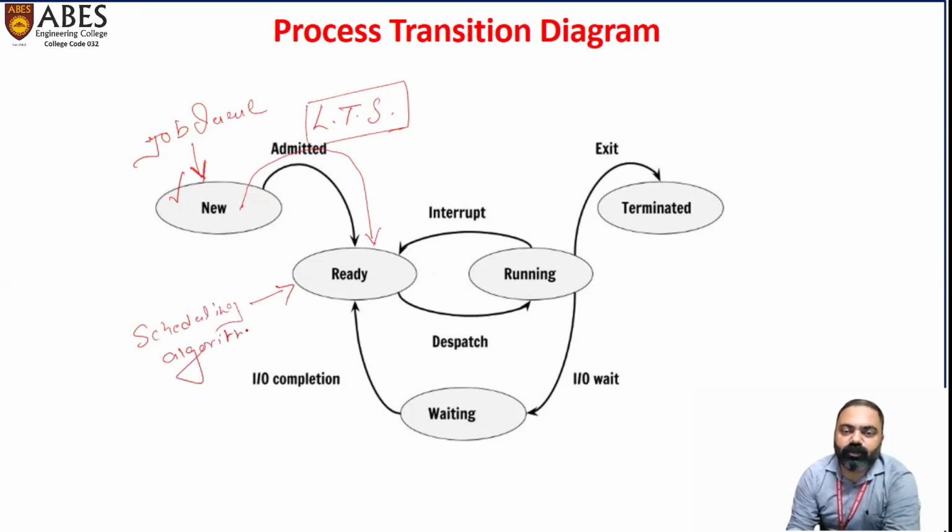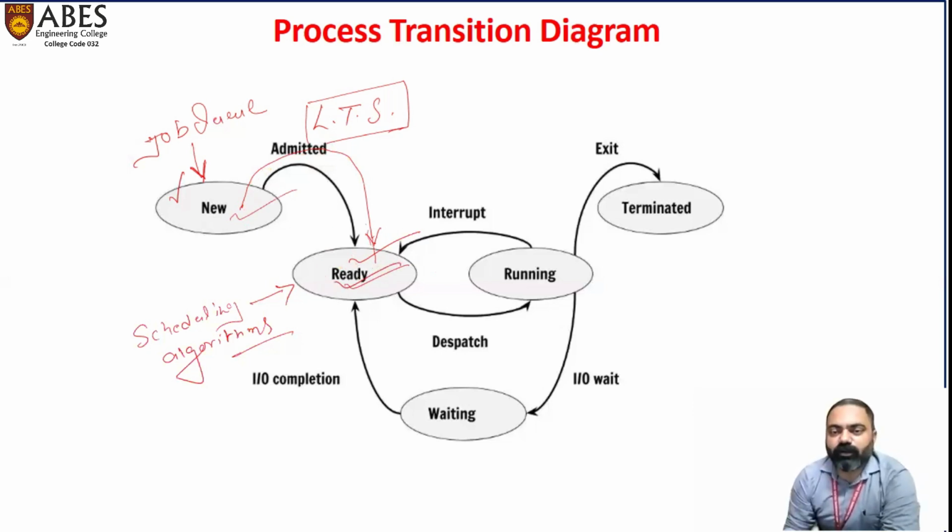These algorithms will decide which process among all the processes inside the ready queue will get the CPU. So LTS picks one by one all the processes from the job queue and puts them inside the ready queue. So the state of the process now becomes ready, from new to ready.